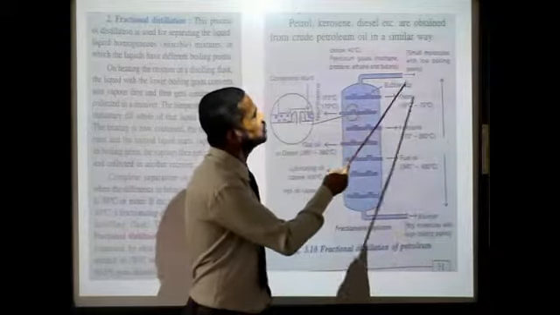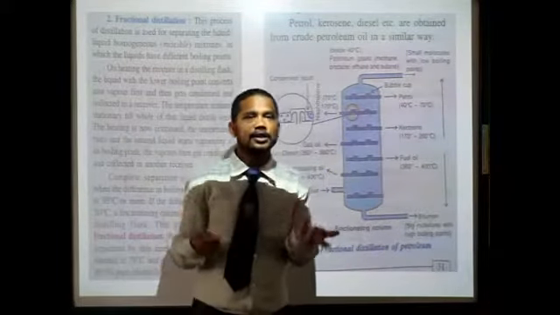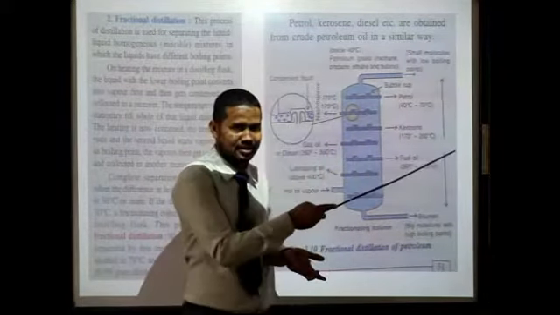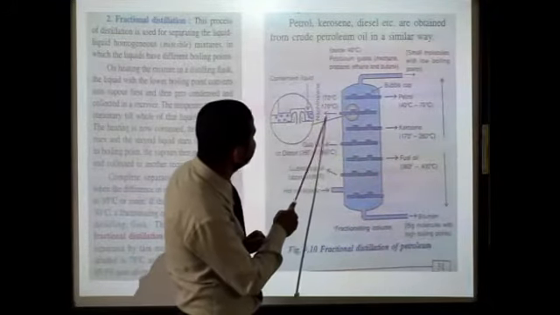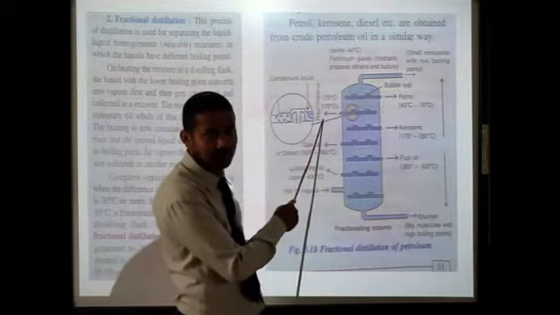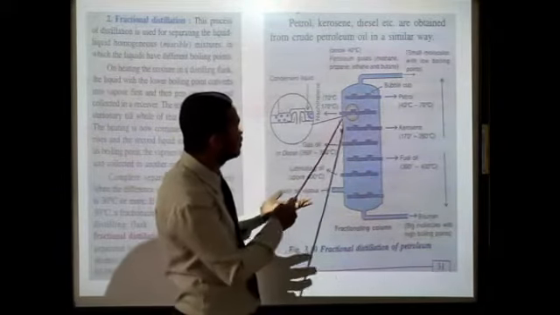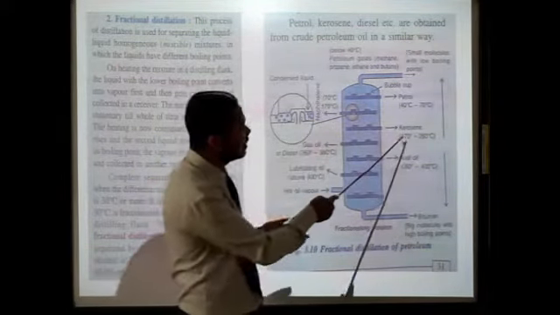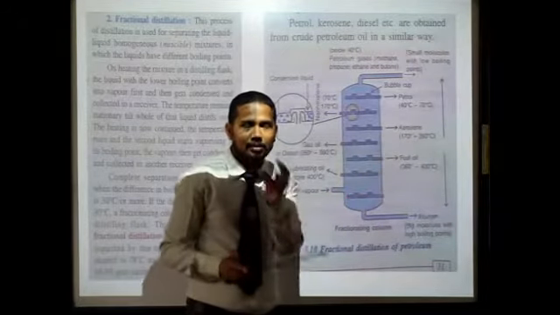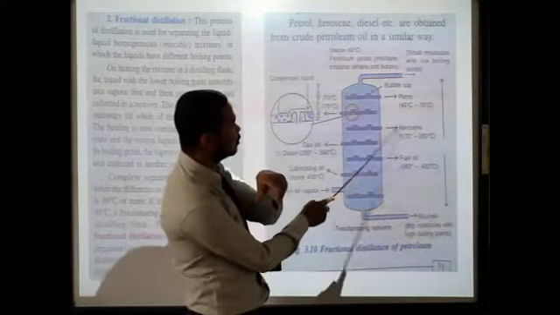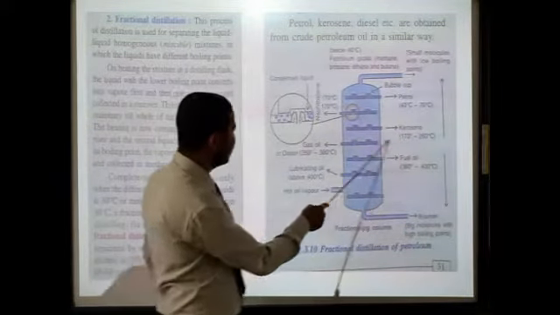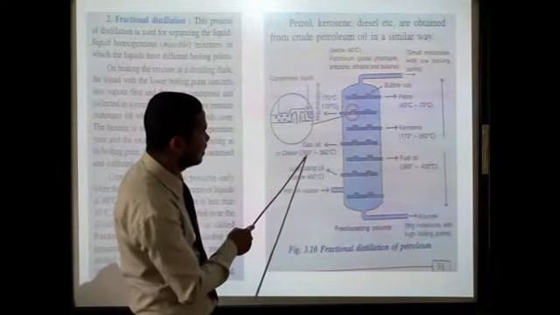Then when the whole of this petrol is converted to vapor, condensed and collected in one container, only then does naphthalene start boiling, converting into vapor. Then naphthalene is collected. Then kerosene from the mixture starts converting to vapor. Then kerosene is collected. Then comes gas oil or diesel.